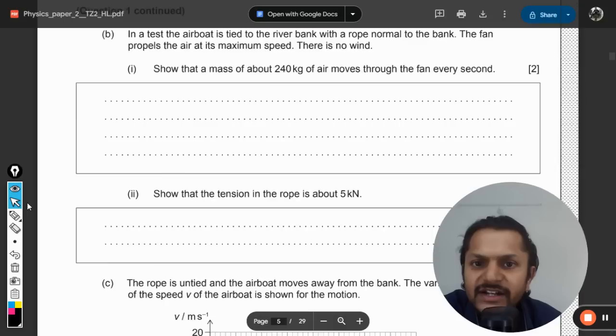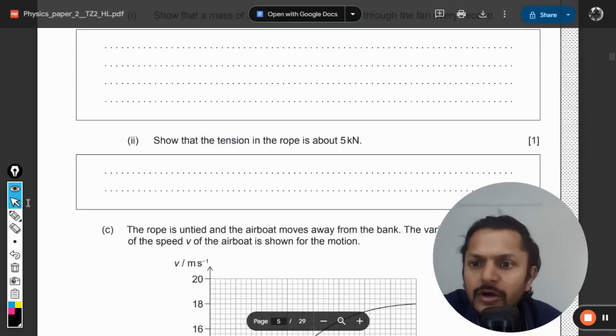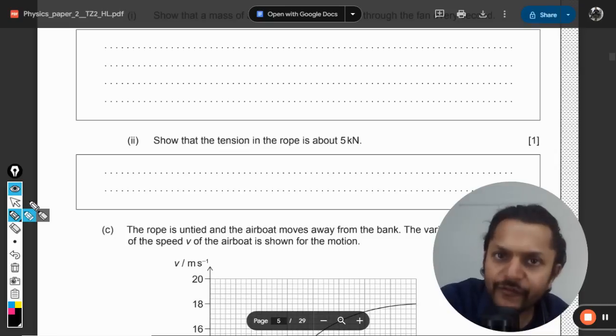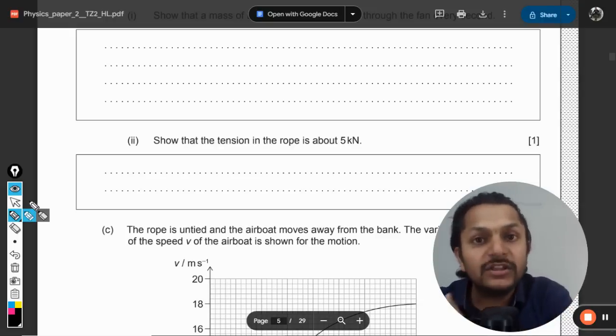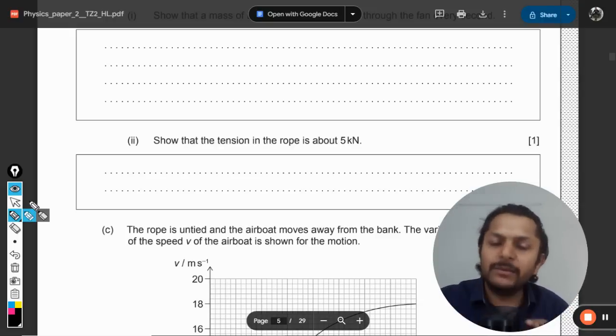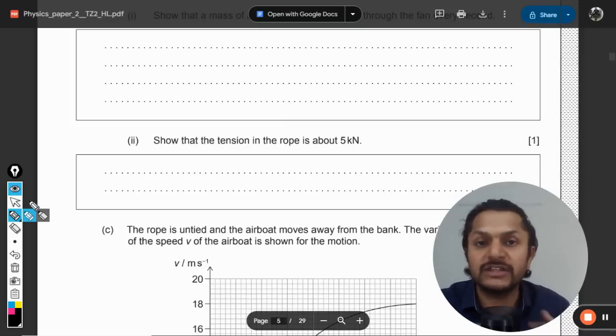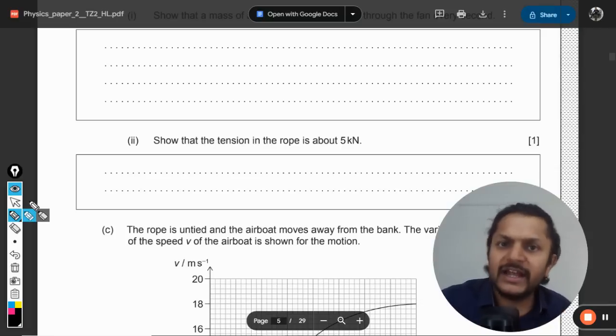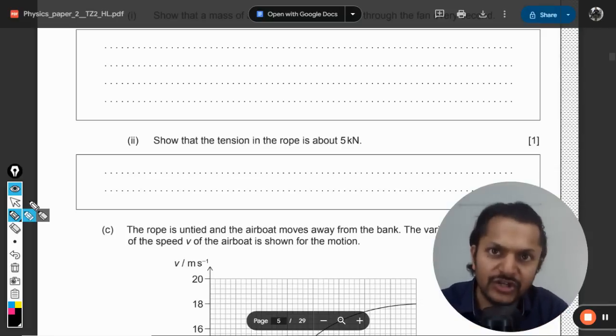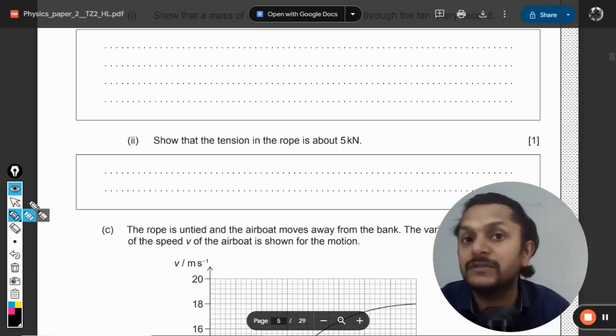So what is the tension in the rope? Tension means force, and this is the second formula which is related with the windmill. The force applied on the air by the blade is equal to the force applied by air on the wings. And obviously that will be equal to the tension, because the boat is actually not moving.